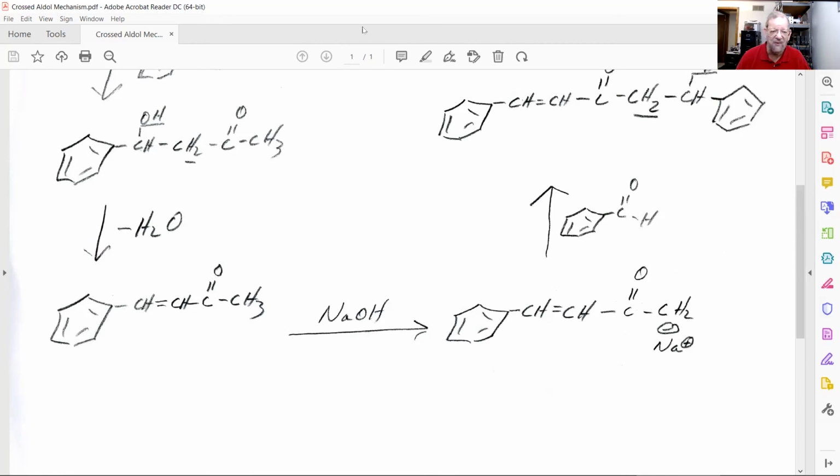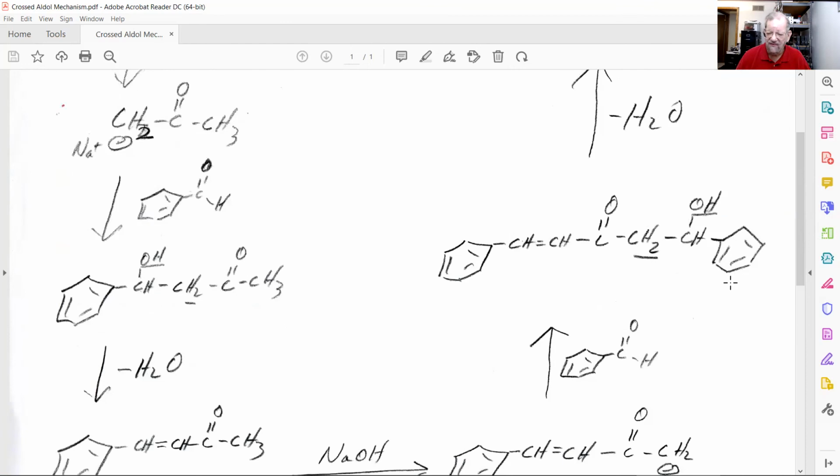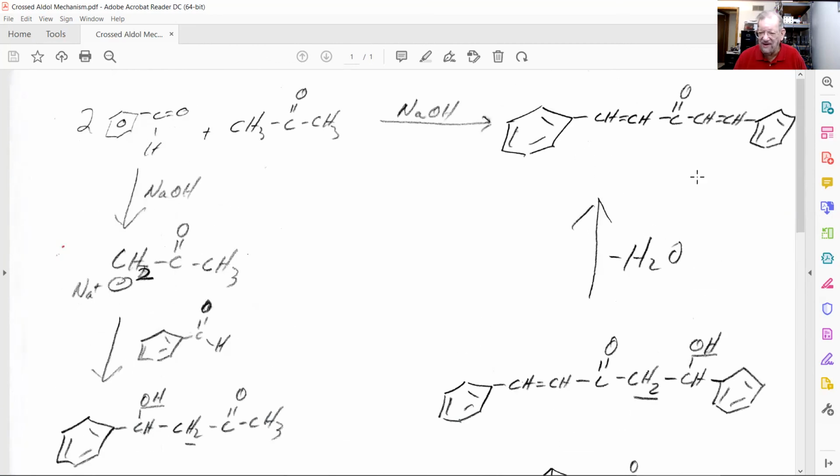Let me get me out of the way here, to form this molecule here. And once again, if I lose OH here and one of these H's, 2 hydrogens, 1 oxygen, H2O, water, I'll form a double bond and I'll form more conjugation. And this loses water immediately.